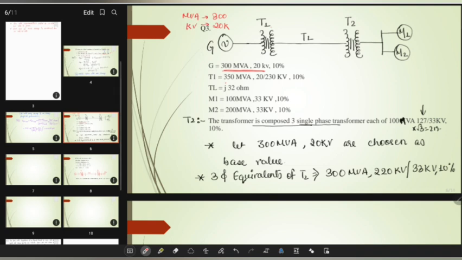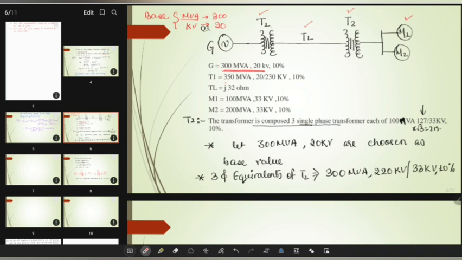Now the MVA value will be the same for all the components: for the transformer, for the transmission line, for the second transformer and for the machine. The MVA rating will be the same, but the kV base changes. See, this is the base value. So the kV base for the generator is 20.